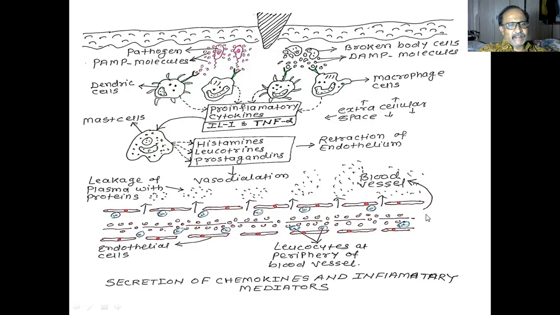During this vasodilation, the flow of blood in the nearby capillaries increases. First of all, due to the increased blood flow, the plasma fluid leaks from the gaps of endothelial cells, because at that time retraction of endothelium takes place. The endothelial lining of the blood vessel wall gets gaps between two cells. This is the second event.